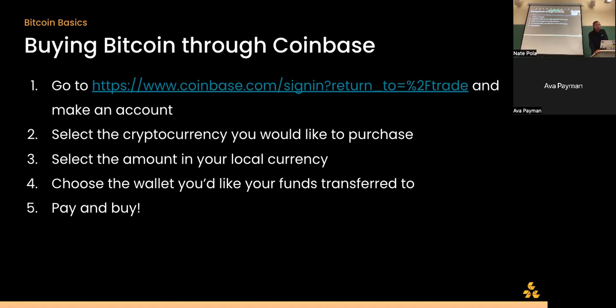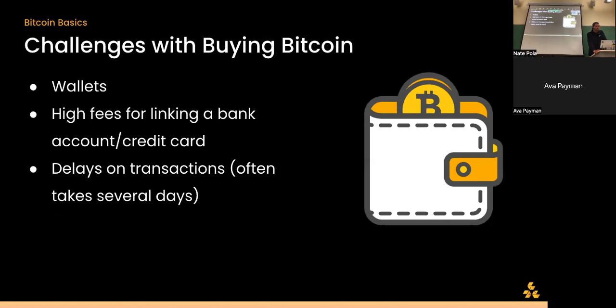Coinbase, like we said, is a centralized exchange, meaning there is a large custodial party, Coinbase itself, that owns these funds and is the one dishing them out. There are other types of exchanges called decentralized exchanges that work a little differently, but we won't get into that too much today, maybe a little bit later.